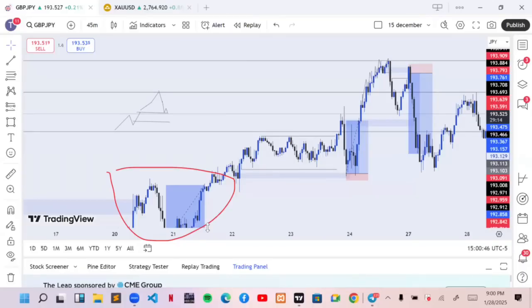Okay. Let's say the market structure shift happens on a 5 minute time frame. Are we to still take that trade on the 5 minute time frame? What do you mean, still take the trade on the 5 minute time frame? Your POI is your POI everywhere. If your 5 minute structure shift happens, it's still a structure shift on the 15 minute time frame. Just go to a lower time frame and find the structure shift.